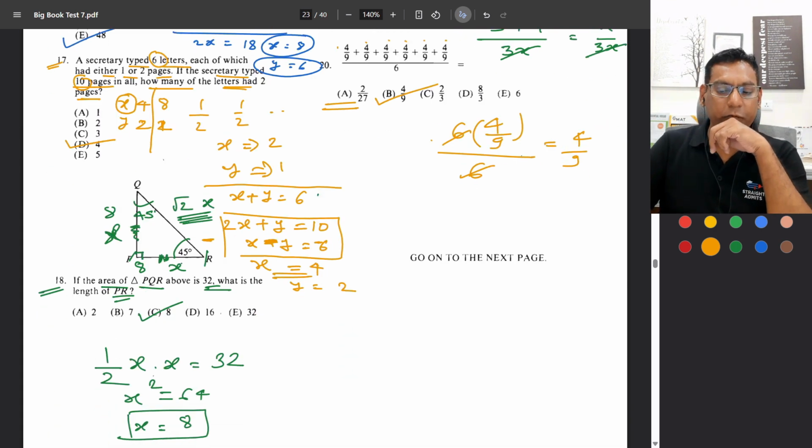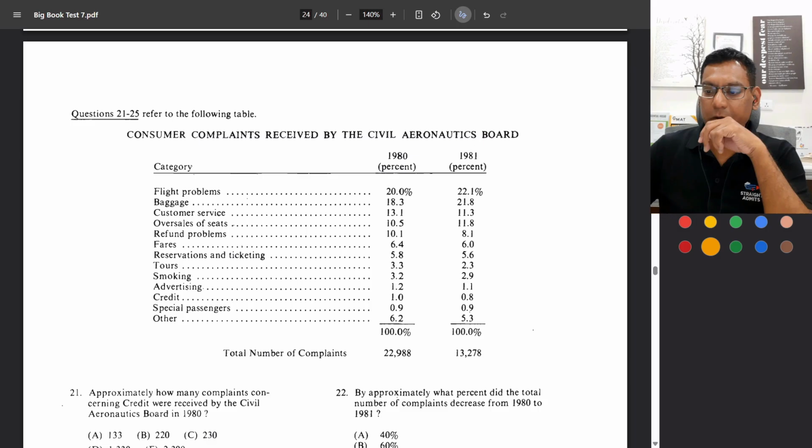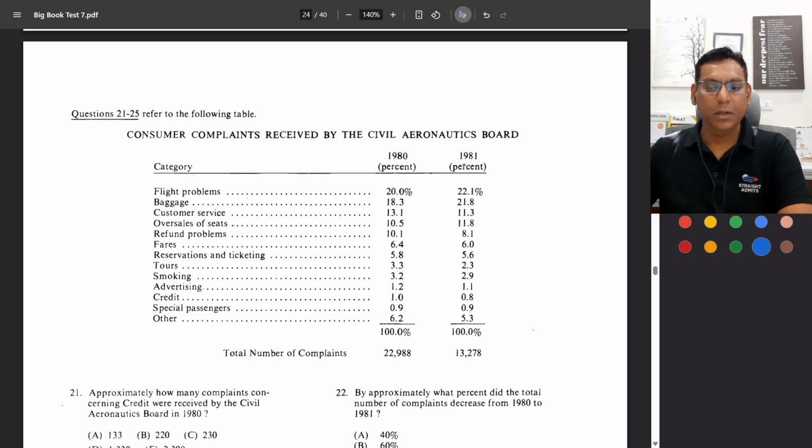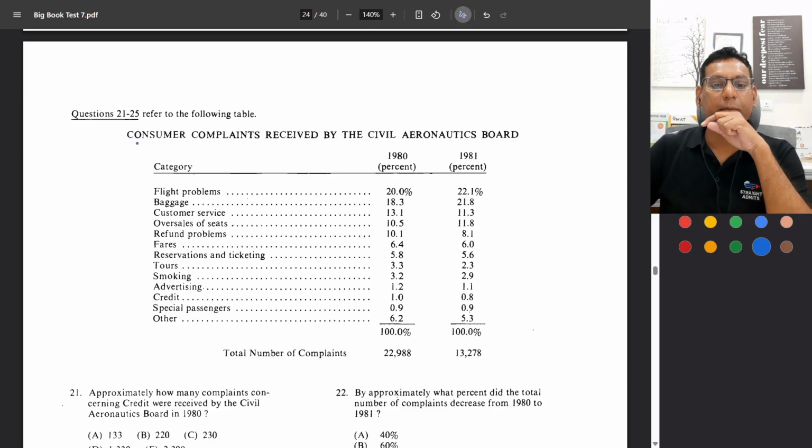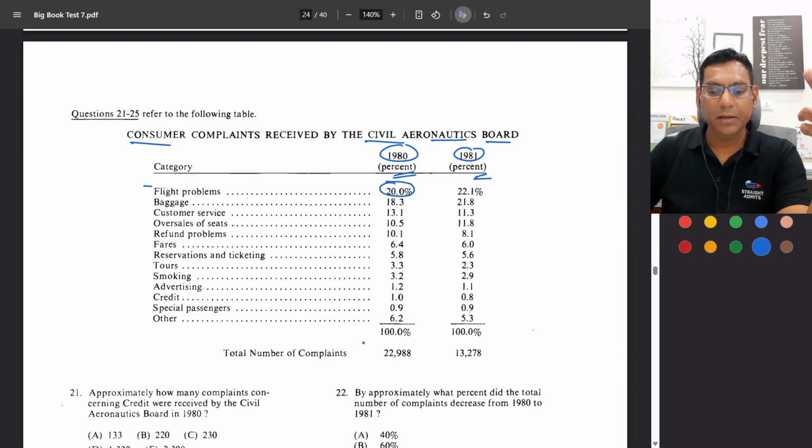Okay, let's move on to the graph questions. Okay, it's not a graph, it's a table. Consumer complaints received by the Civil Aeronautics Board, 2 years, everything in percentages. Flight problems related were 20% of all the complaints in 1980, which was 22,988. In 81, all complaints were 13,000 something.